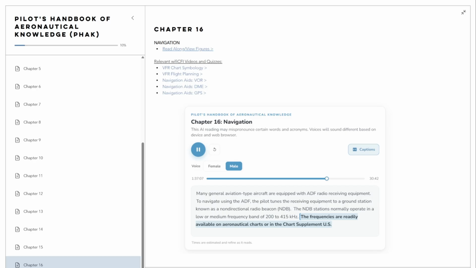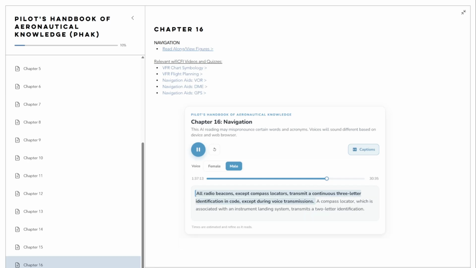The frequencies are readily available on aeronautical charts or in the Chart Supplement U.S. All radio beacons, except compass locators, transmit a continuous 3-letter identification in code, except during voice transmissions. A compass locator, which is associated with an instrument landing system, transmits a 2-letter identification.